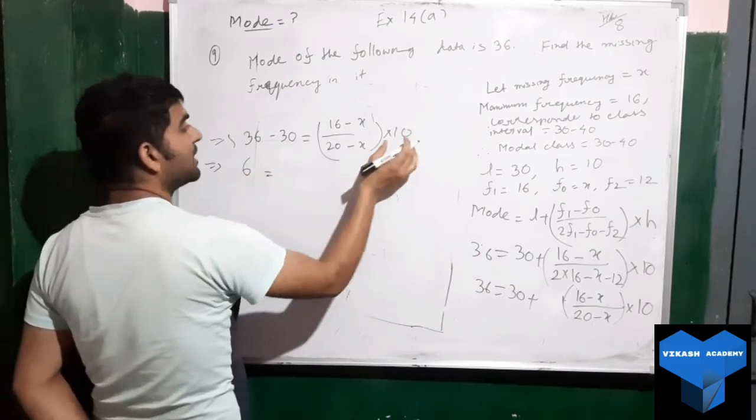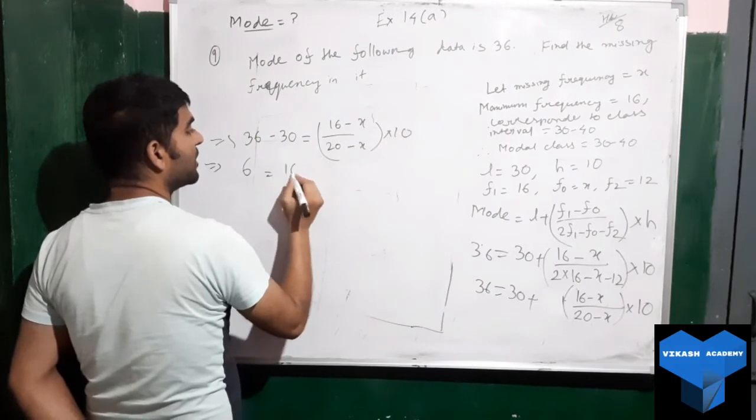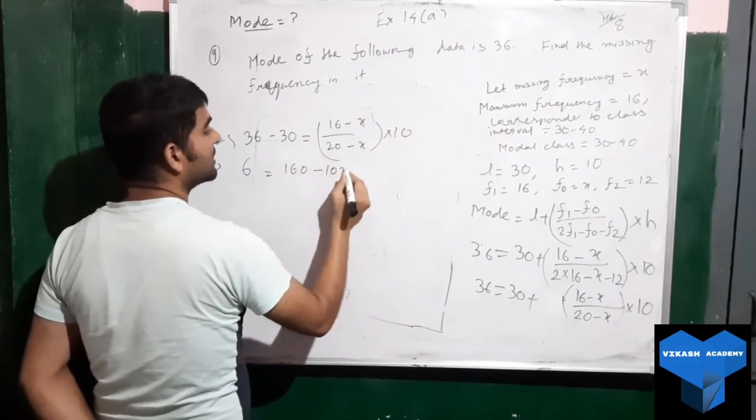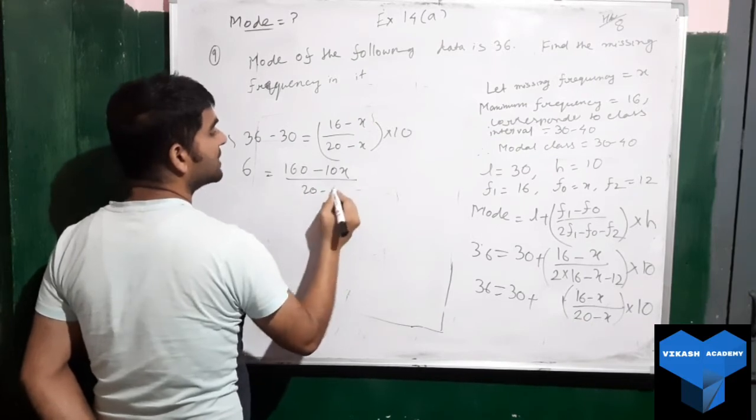Equal to, multiplying 10 into 16, it will be 160, and 10 into X is 10X, over 20 minus X.